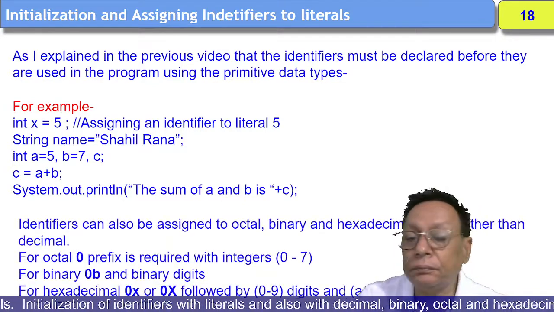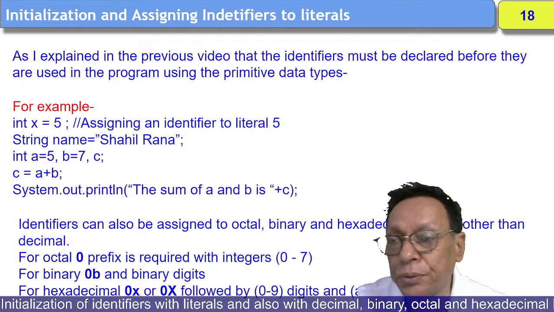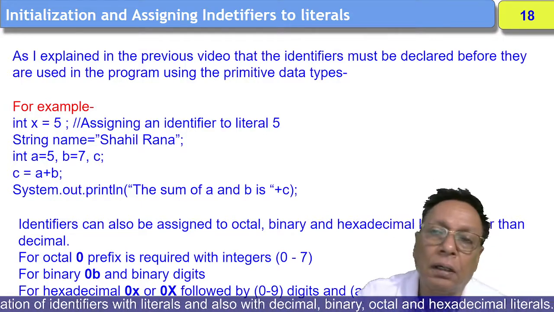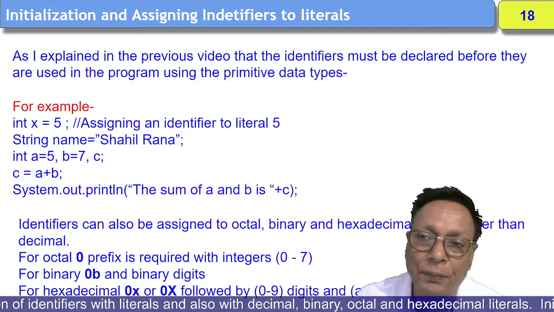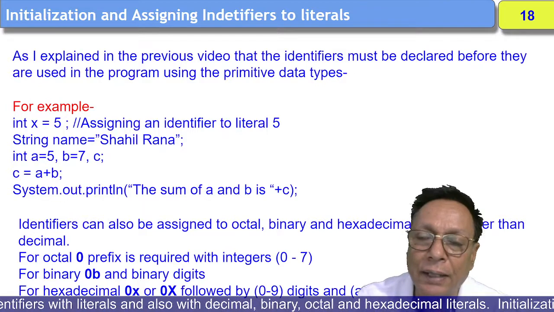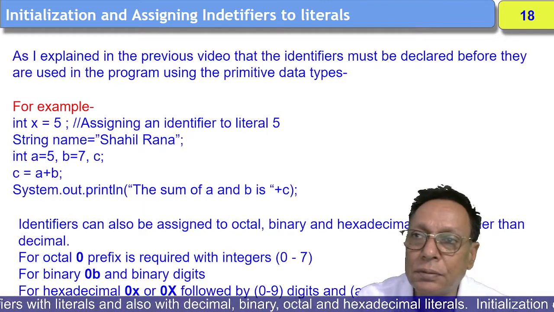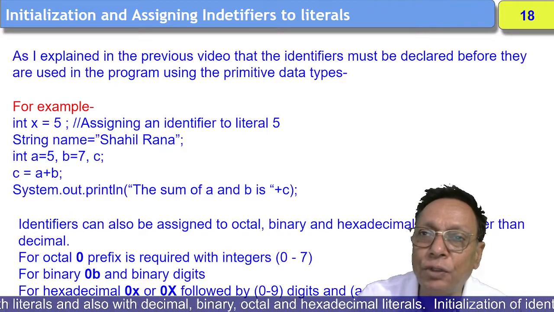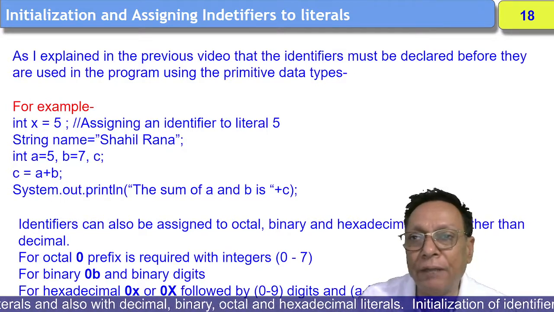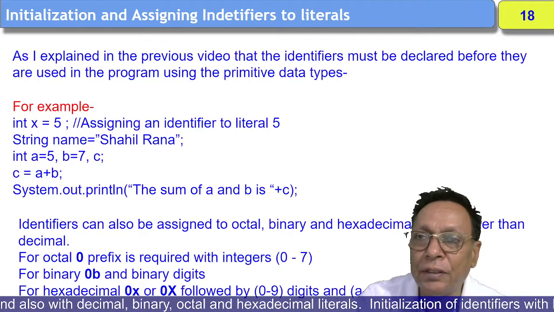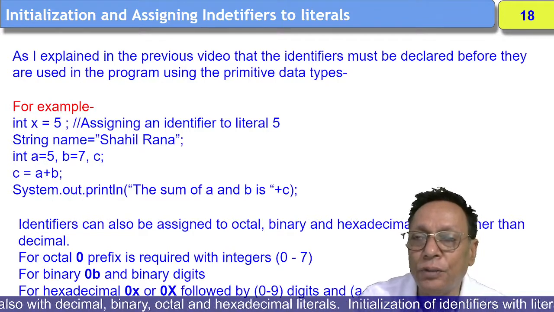Next, if you are going to use a base other than decimal, that is, if you want to use octal, in that case you will have to initialize the identifier to a value which begins with 0, a 0 prefix.